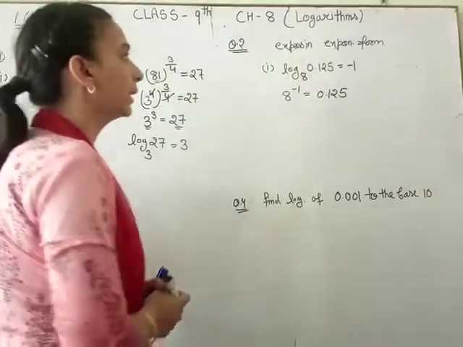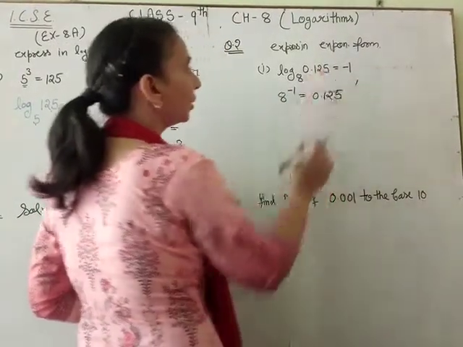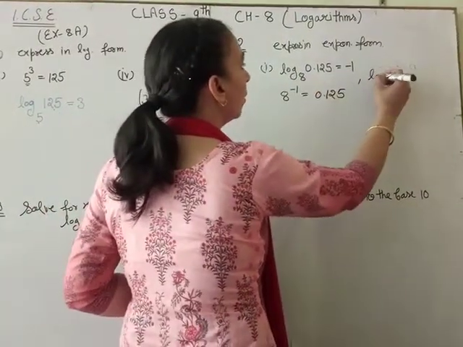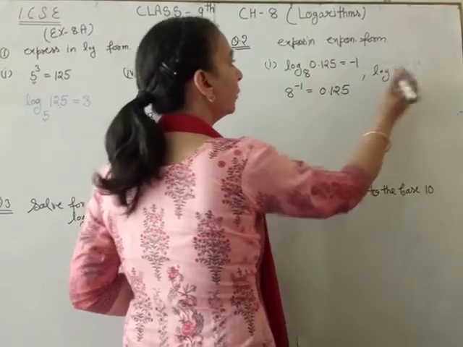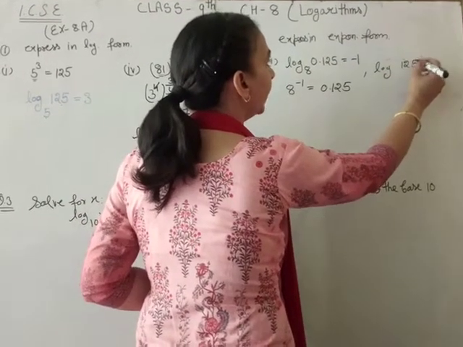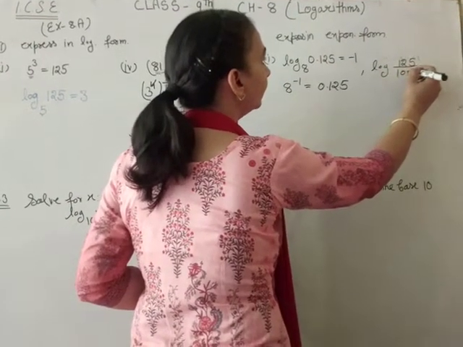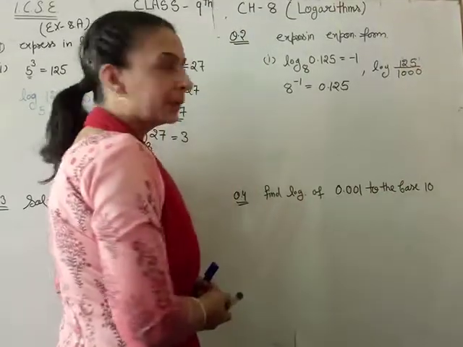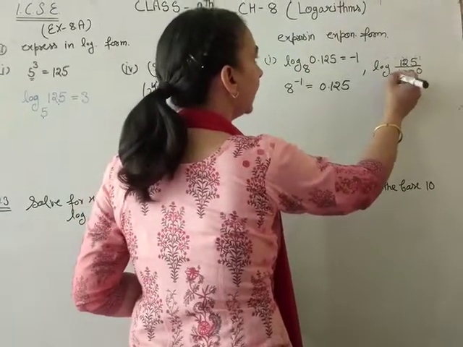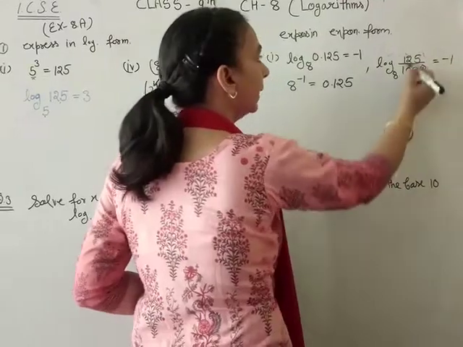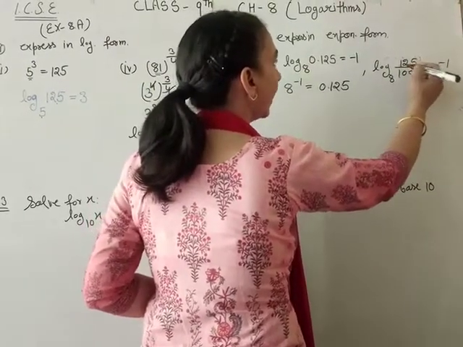Okay student, if we solve this question, log of 0.125, then we write it 125 by 1000, and base is 8, then equal to minus 1. We cancel this 25.